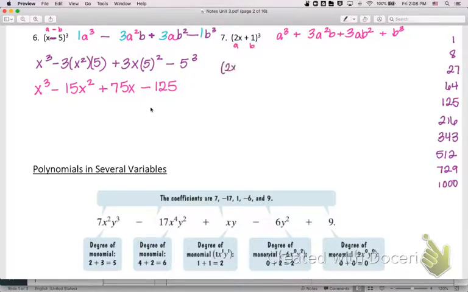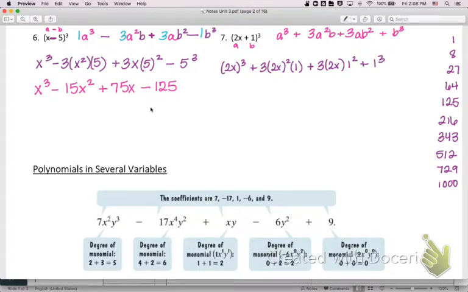We have 2x cubed. We have to square the whole thing, not just the x. Plus 3 times 2x squared times b, which is 1, plus 3 times 2x times 1 squared plus 1 cubed.